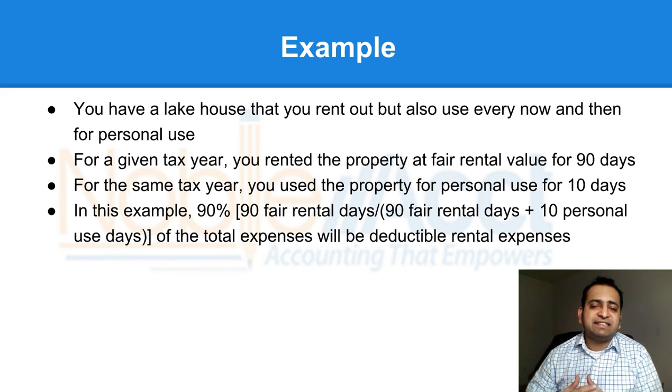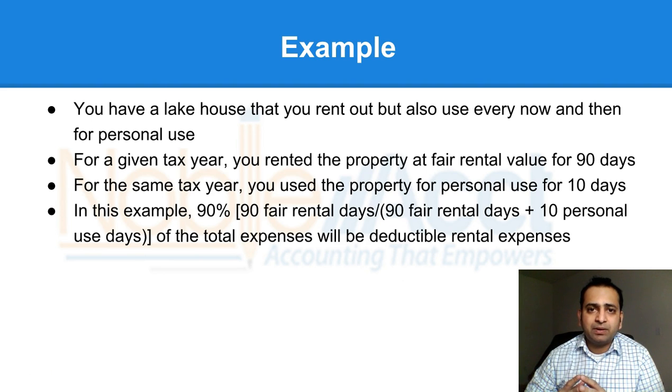Let's take a look at an example that will help clarify things a little. Let's say you have a lake house that you rent out on a short-term rental basis. For any given tax year, you rented this property at a fair rental value for 90 days. And for the same tax year, you also ended up using the property for personal use for 10 days.